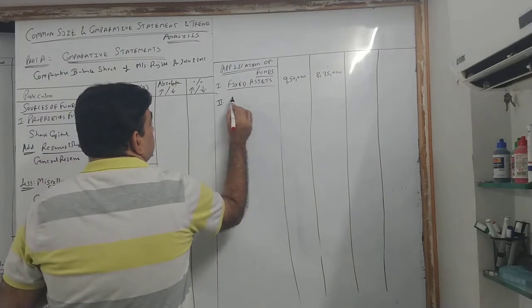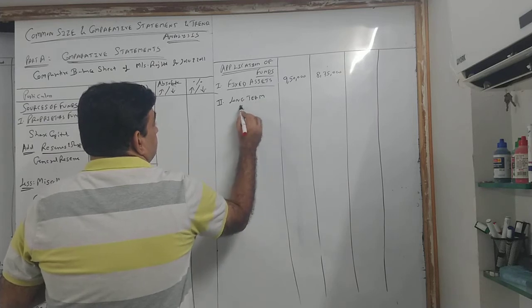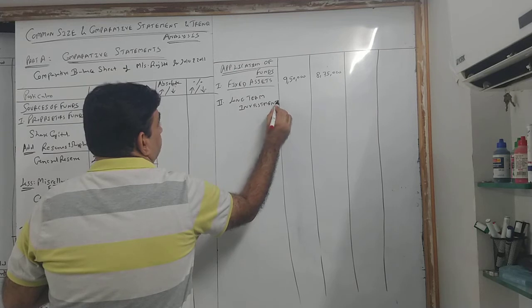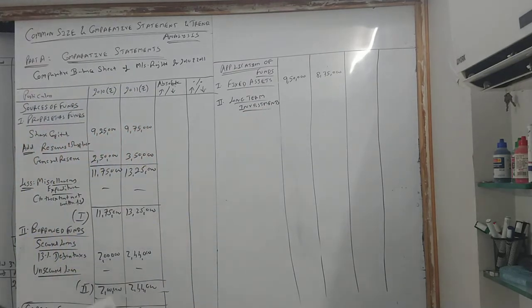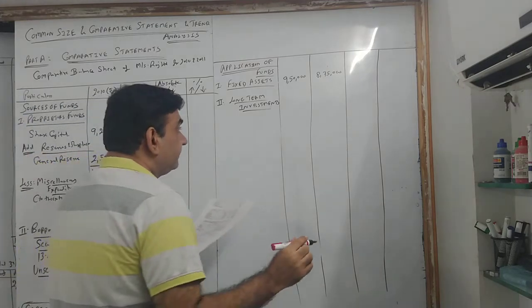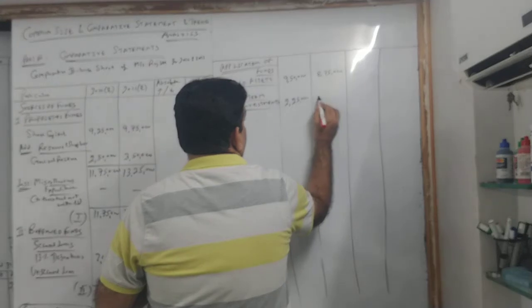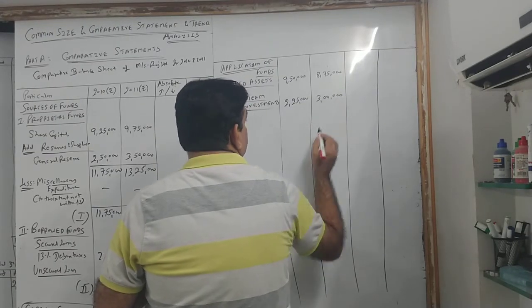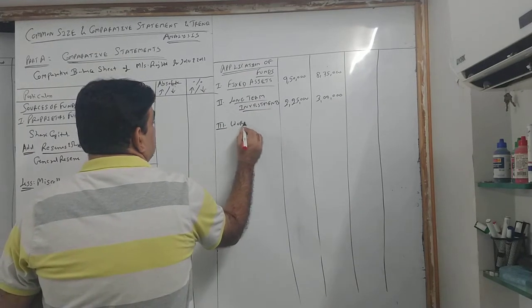Then second, what we have is long-term investments. As I told you earlier also, only investments means long-term. Look, it is given: 2,25,000 and 3 lakh. 2,25,000, 3 lakh.